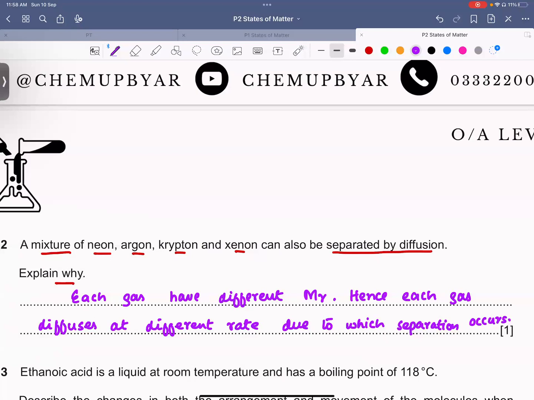If one gas is moving slower, it is going to be left behind compared with the rest of the gases, and the one which is moving faster is going to be at the front, and the one with a moderate speed will be in the middle. So the particles of each gas would separate from the particles of the other gas, right?